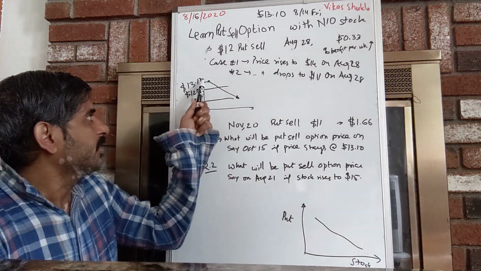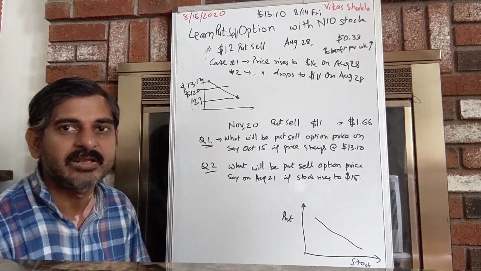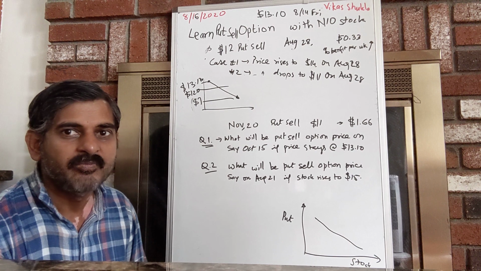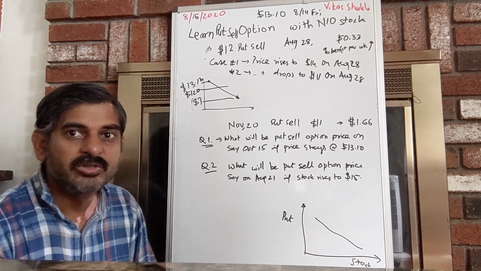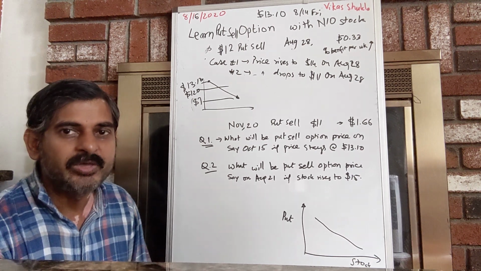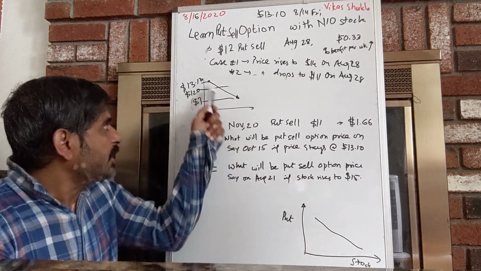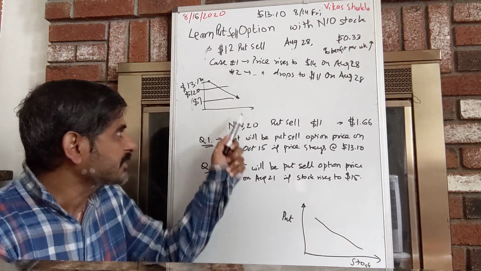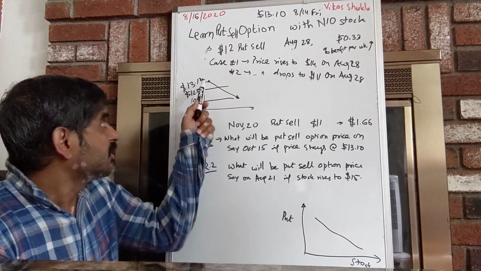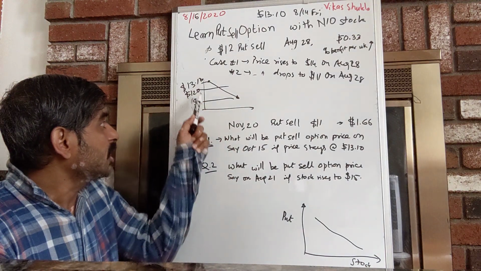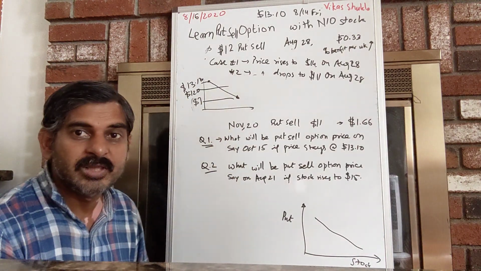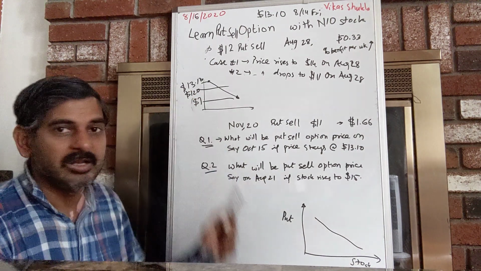So this guy here, sitting with $13.10 on NIO stock, feels that he wants to be protected if the stock goes much below $12, something like $7 or $8. His loss would be between $13 and $7, about $6.